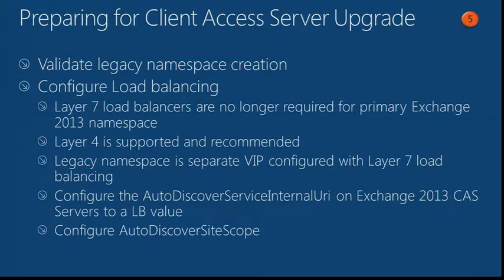And we did. We re-architected Exchange so that we don't need layer 7 load balancers anymore. You can simply use a layer 4 load balancer and maybe even by RTM, if we're done with it, something as simple as round-robin DNS or Windows Network load balancing, something light, inexpensive, and easy to use. And those will be the options that you'll have for you.